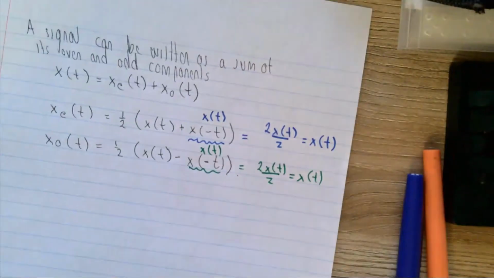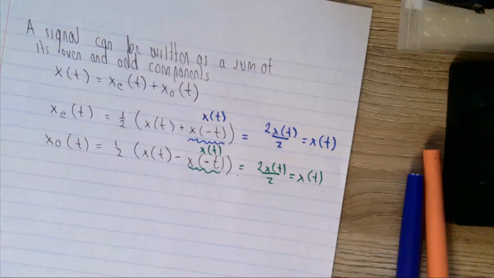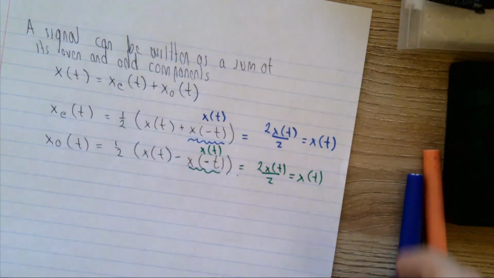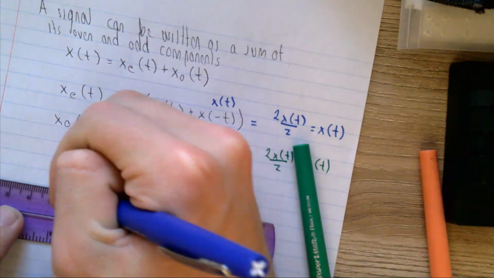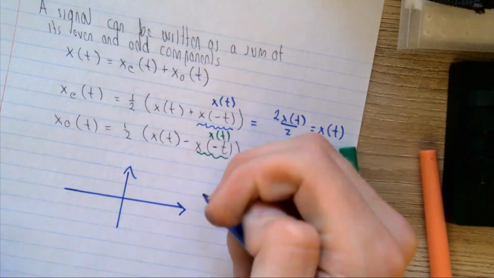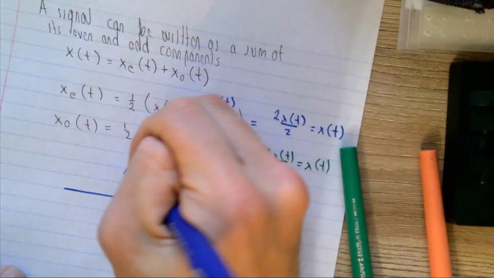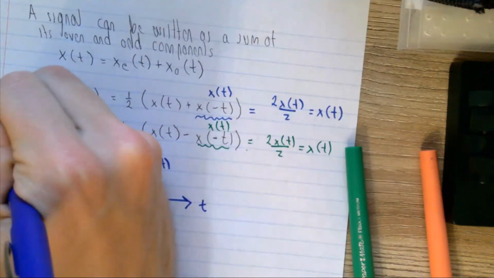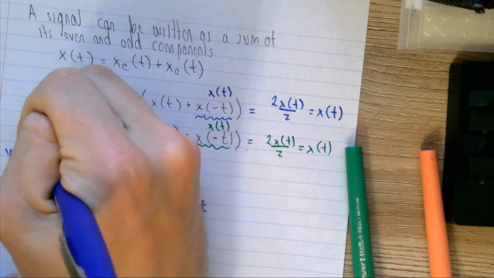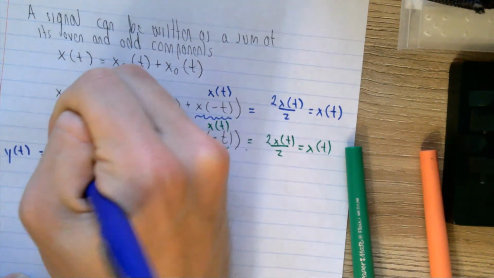And so if we were to actually do one where we did the even and odd components, let's try an example, because I feel like that's where we need to practice. And this one would be y of t, so our y of t is defined as 1 for t greater than 0, and it's 0 for t less than 0.